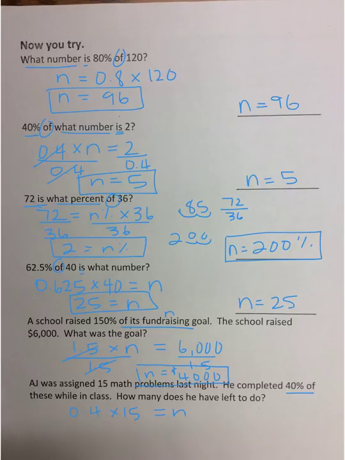And it's going to be a double step where that is 6 equals our N, and that's how many are done. 6 are done. So that means 15 minus 6, 9 he has left. 9 what? 9 problems.